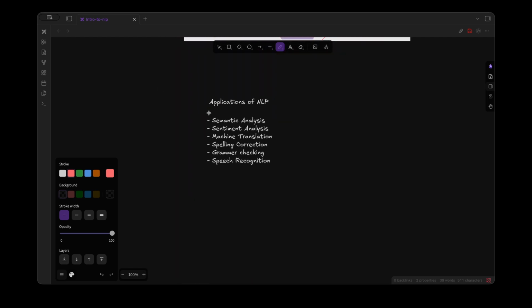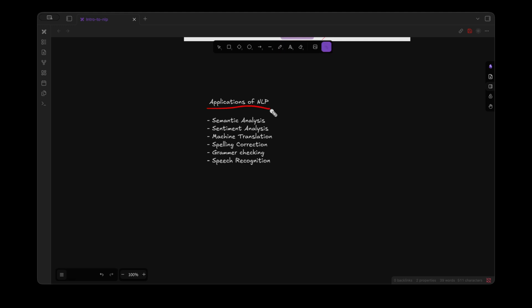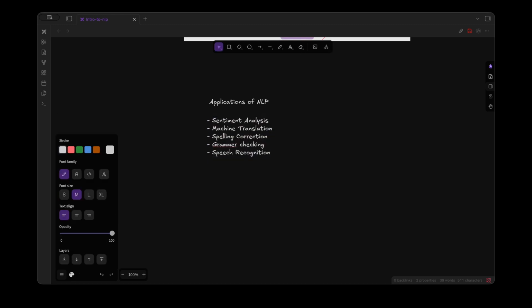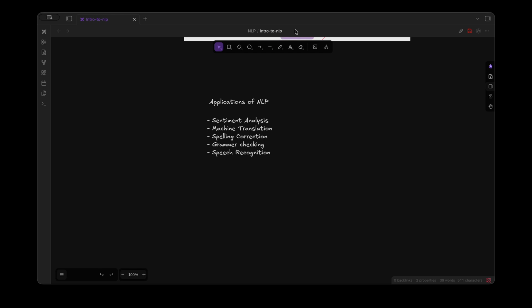Next, we're going to understand the applications of NLP. NLP is mostly used in these kinds of sections, firstly sentiment analysis. Let's say you have a news application, a news portal, emails or tweets, and you want to do sentiment analysis.